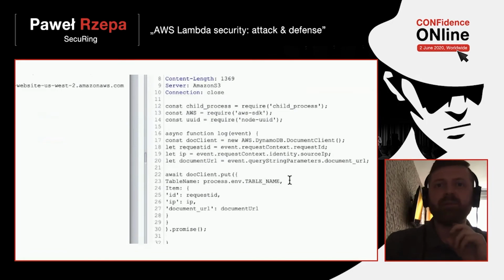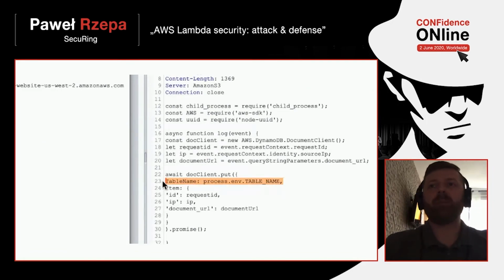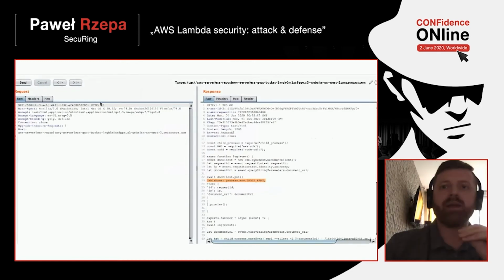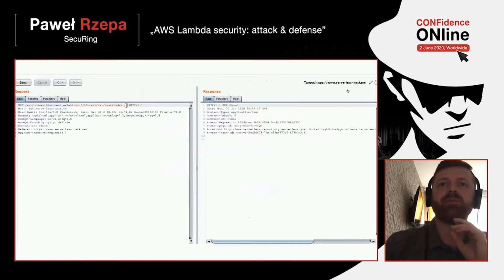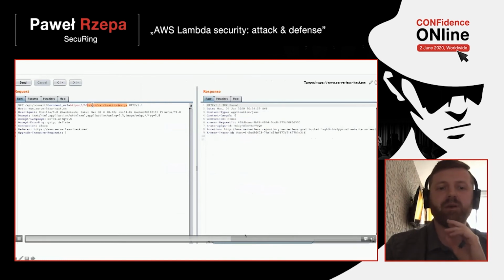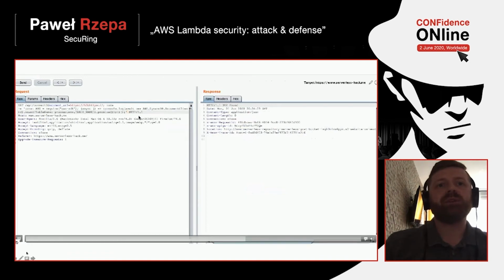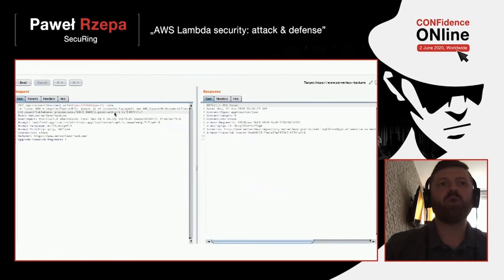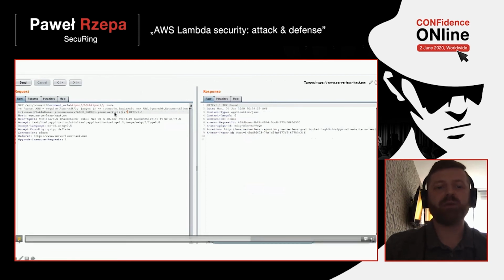And here, as you can see, this Lambda function uses DynamoDB, and there is the table of DynamoDB. Now, if you remember, this is the Node.js execution environment. So what you can do is simply use the command node with the -e parameter, and then put your malicious code, your malicious payload.